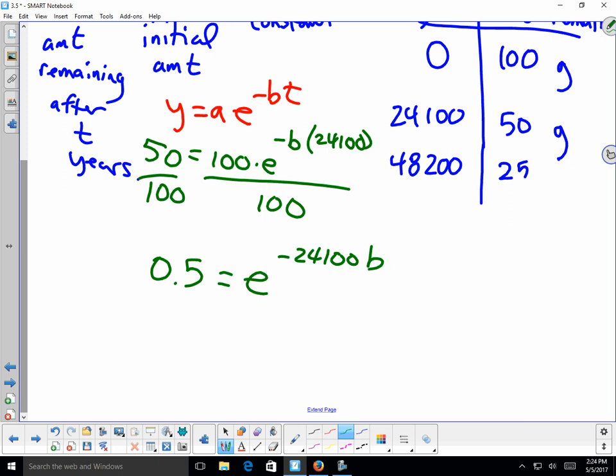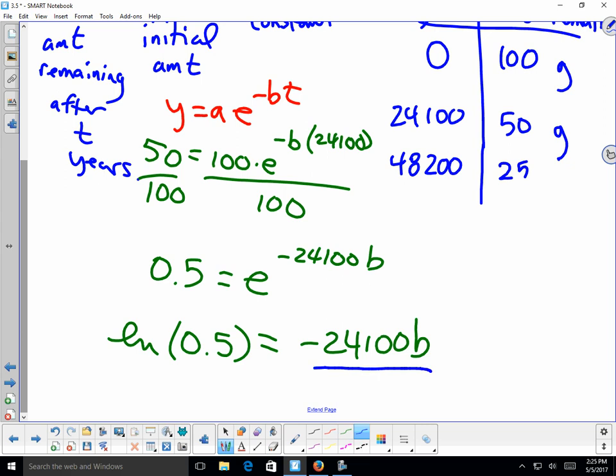At this point, we're going to rewrite this in log form. So we're going to have ln of 0.5 equaling negative 24,100b. All right? Everybody okay with solving for b? Let's divide both sides by negative 24,100.